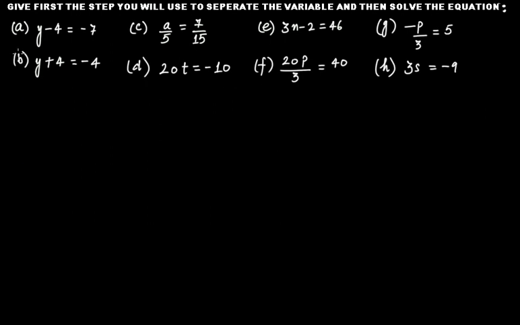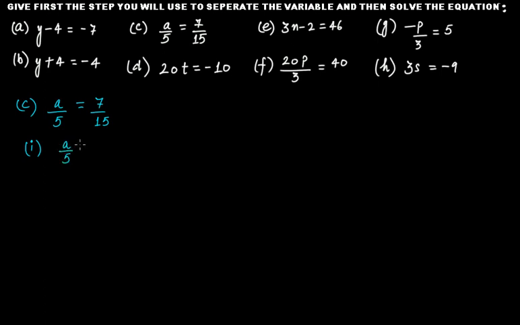Now we have C. So C is a over 5 is equal to 7 over 15. Now in this case, if you want that on the left hand side you are only left with the variable a, then the first step will be that since this is a divided by 5, you'll have to multiply both the sides by 5.